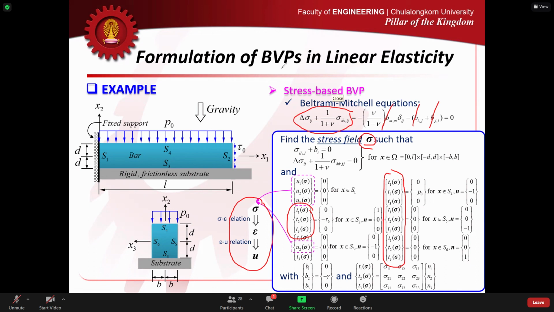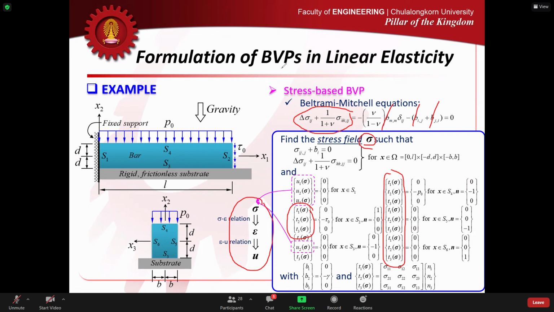What do you mean initial condition? This is not a dynamic problem, so we don't have initial conditions. So we have only the boundary conditions, okay? And when you try to formulate the problem, you have to be specific with the information that I gave you, because the formulation that you will get here, you will use later in solving the problem.